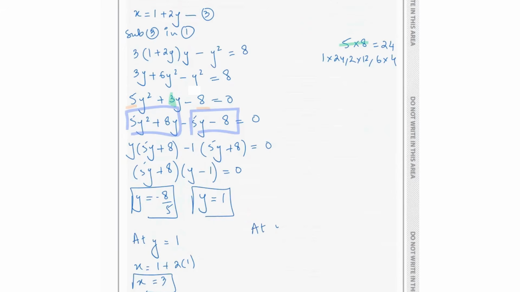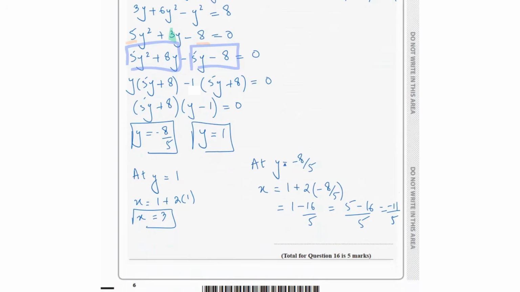And at y equals -8 over 5, x equals 1 plus 2 times -8 over 5, which is 1 minus 16 over 5, 5 minus 16 over 5, and that is -11 over 5. So when y is -8 over 5, x is -11 over 5. These are your answers.